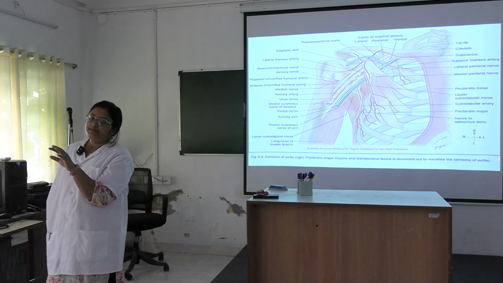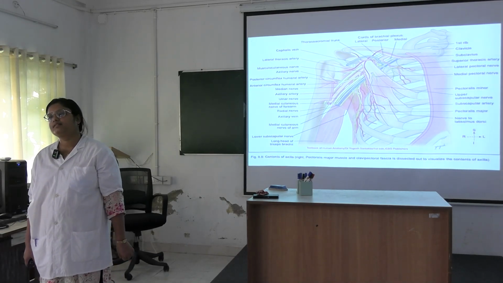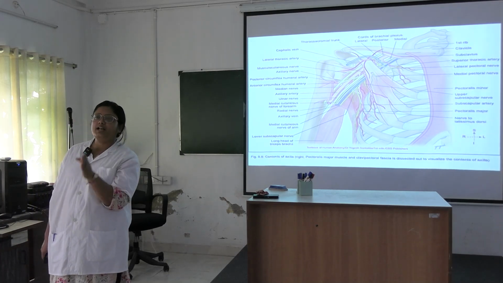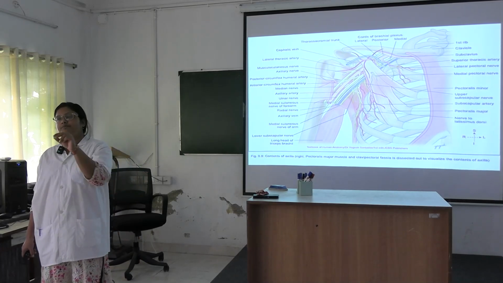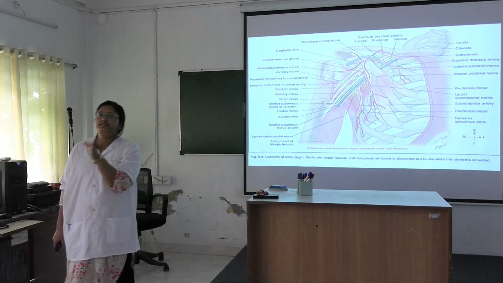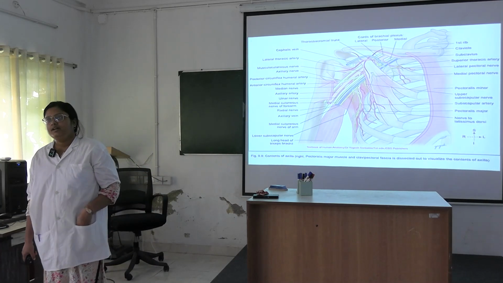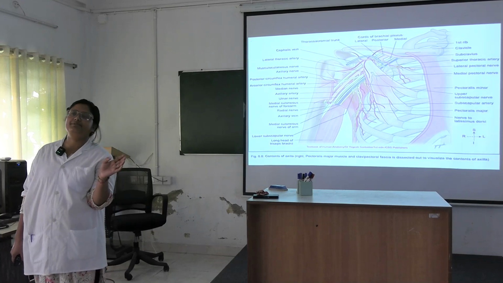Radial nerve lying posteriorly, entering the spiral groove along with profunda brachii vessels.